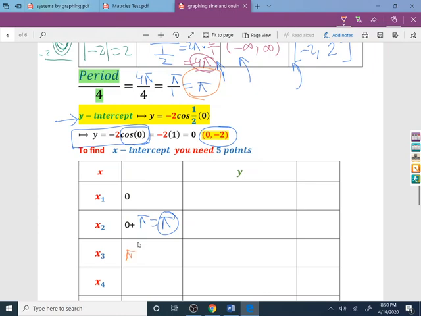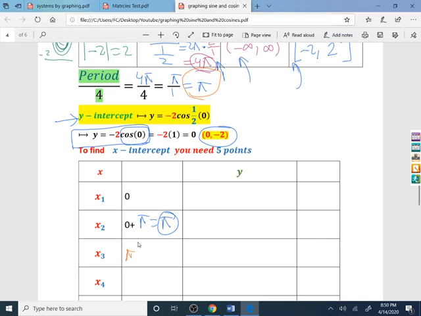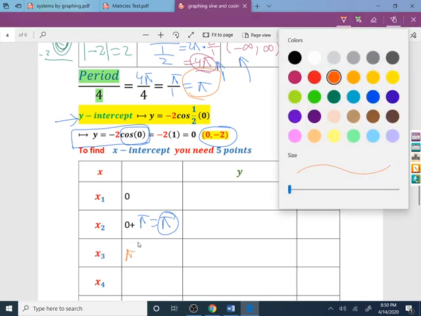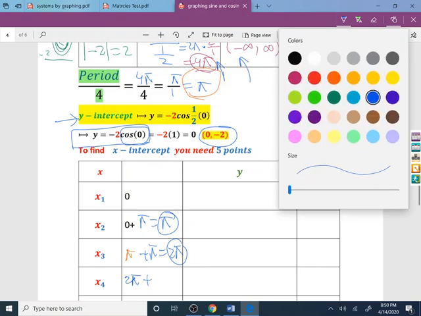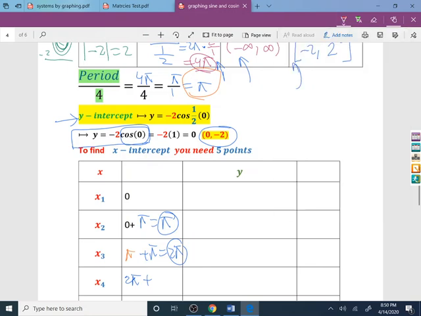I'm using different color to make it clear for you. And again, 2 pi, this value I need, and 2 pi plus pi, which is 3 pi.